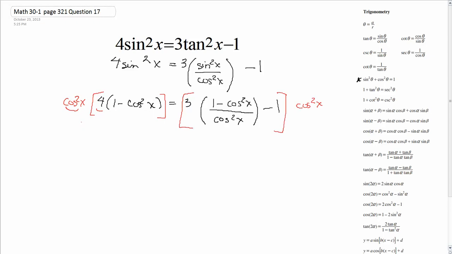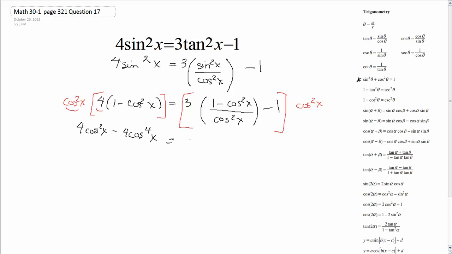That gives us 4 cos squared x minus 4 cos to the 4th x. And that's not too bad.